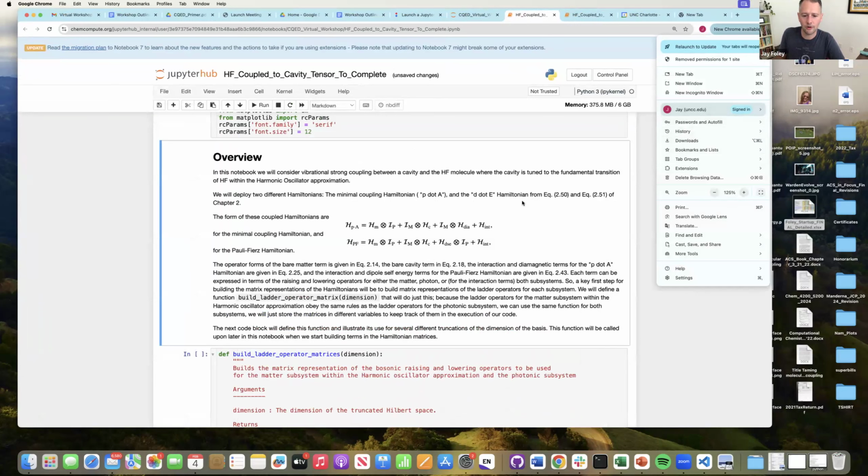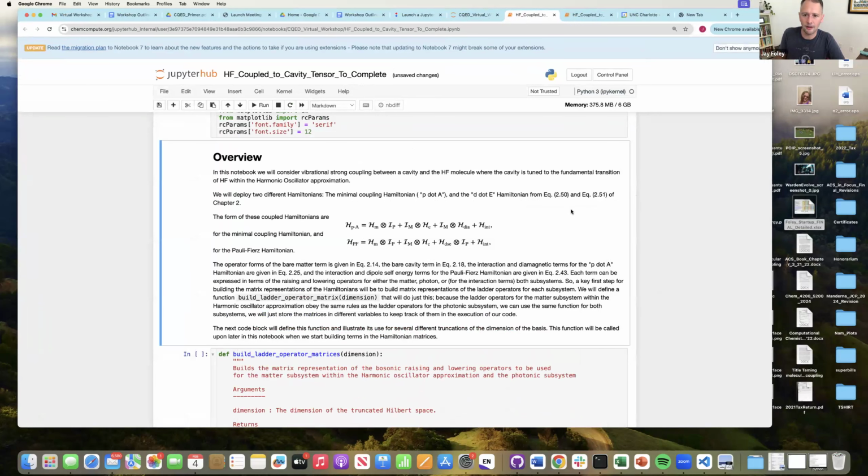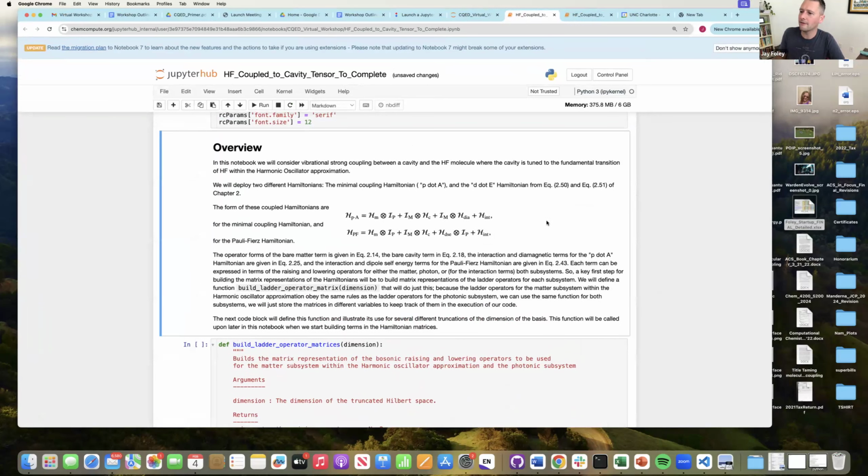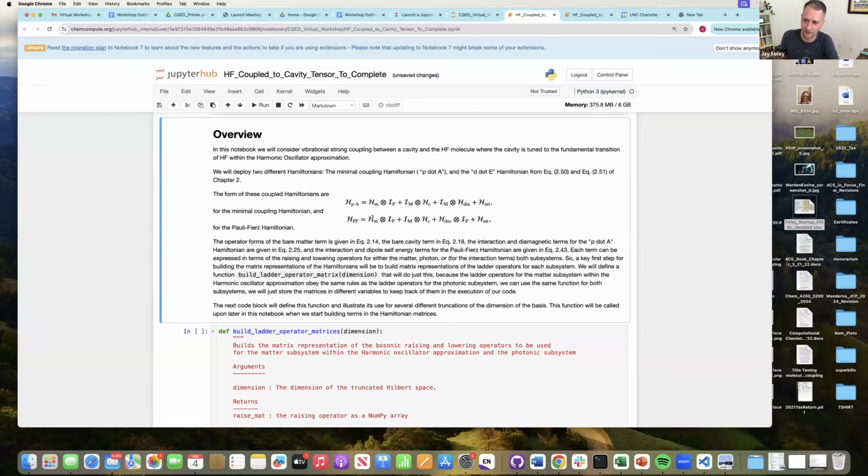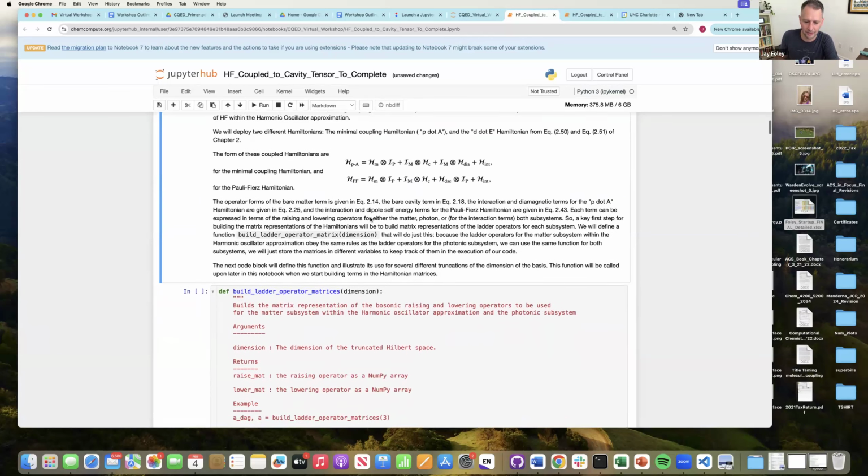So the first thing that we're going to do: basically all of the subterms of these Hamiltonian operators involve the ladder operators. And so our goal is ultimately to build a matrix representation of these operators. In order to do that, we're first going to build a matrix representation of the ladder operators. Okay.